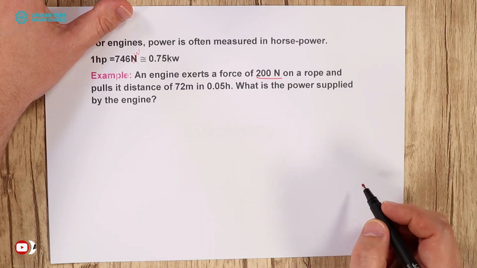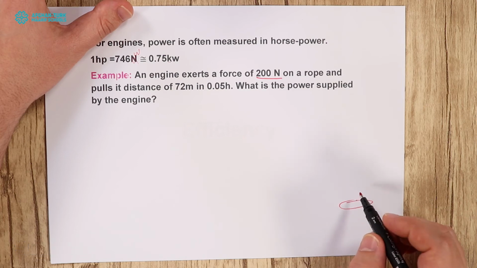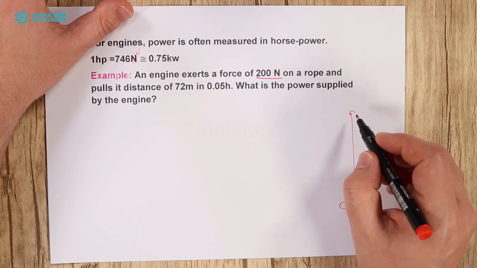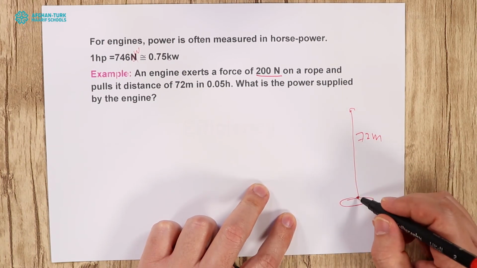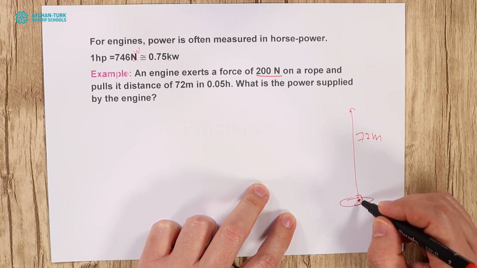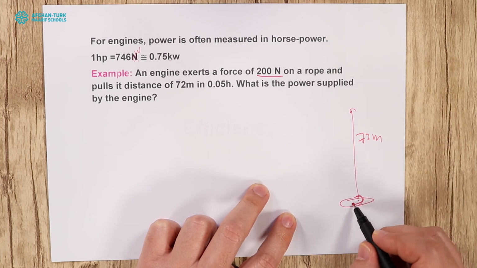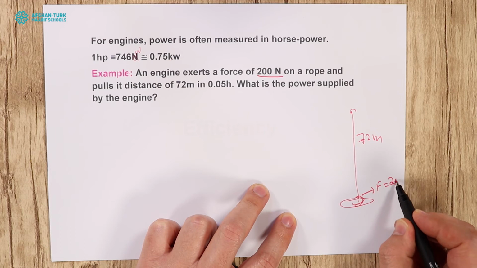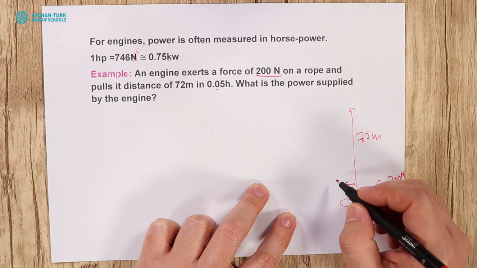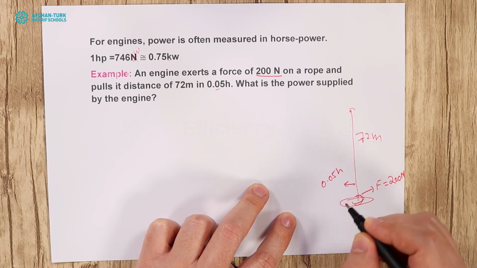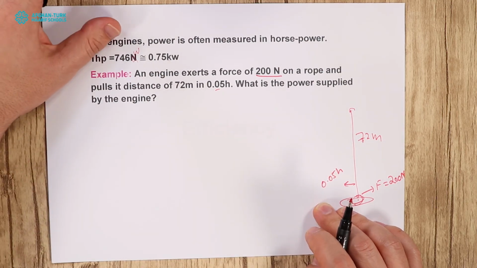Let's suppose it is a lifter lifting things from lower to up, with a total displacement of 72 meter and an applied force of 200 Newton, taking 0.05 hour. We need the power supplied by the engine.